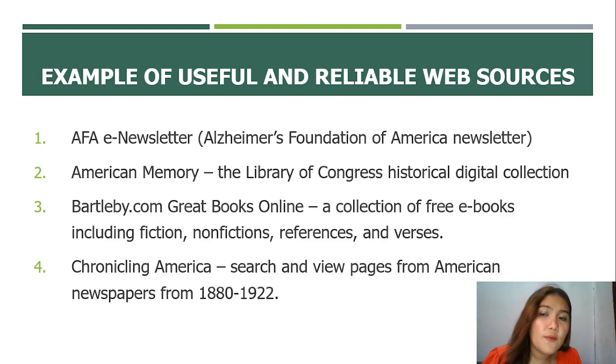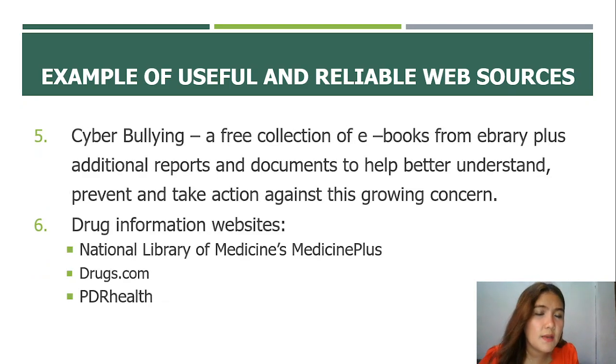These are a collection of free ebooks including fictions, non-fictions, reference, and verses. So chronicling America, search and view pages from American newspapers, and so on. Yan. So cyberbullying, a free collection of ebooks from eLibrary Plus, and additional reports and documents to help better understand, prevent, and take actions against the growing concerns.